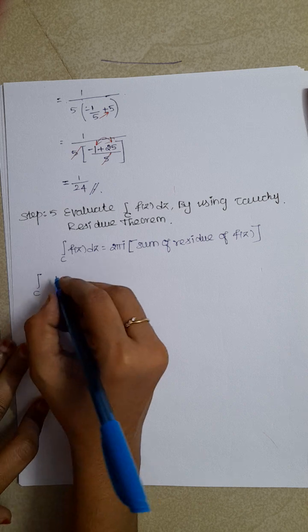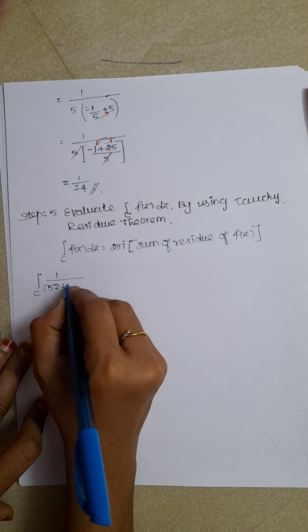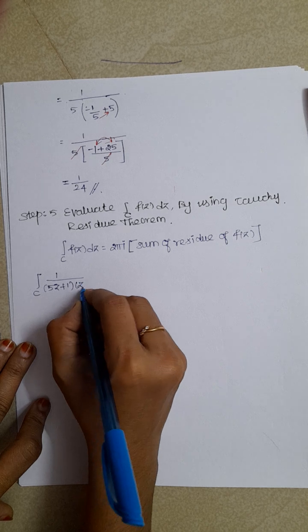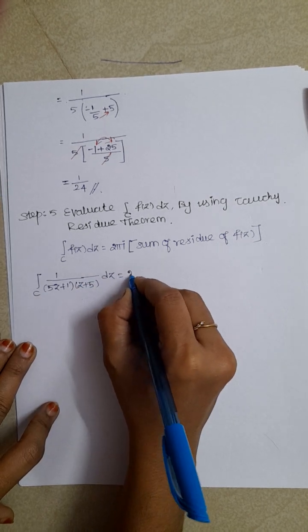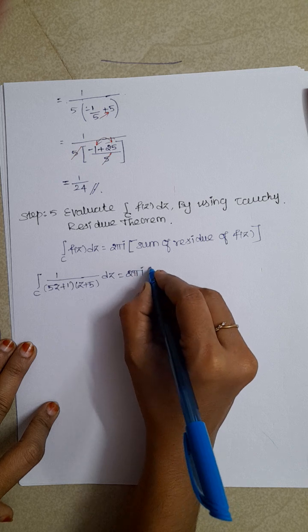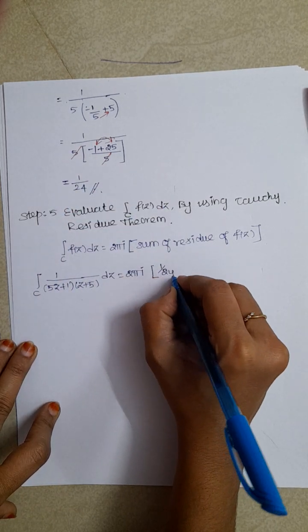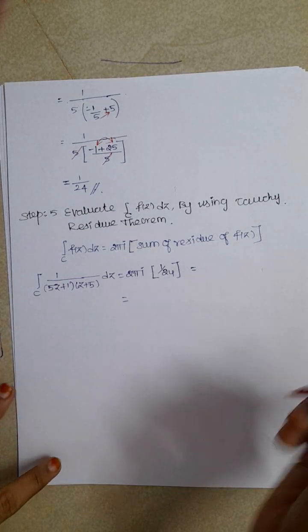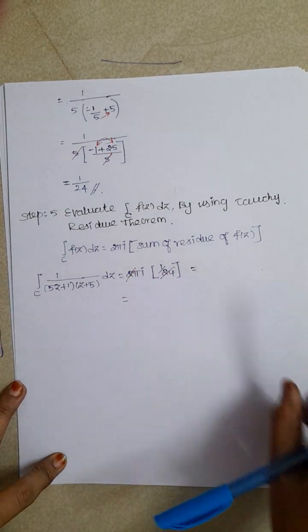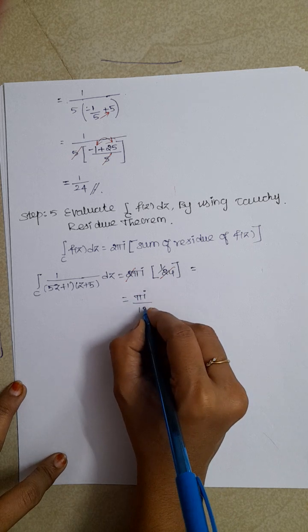So here f of z is 1 by (5z plus 1)(z plus 5), dz equal to 2 pi i into 1 by 24. Cancel 2 and 24, we get pi i by 12.